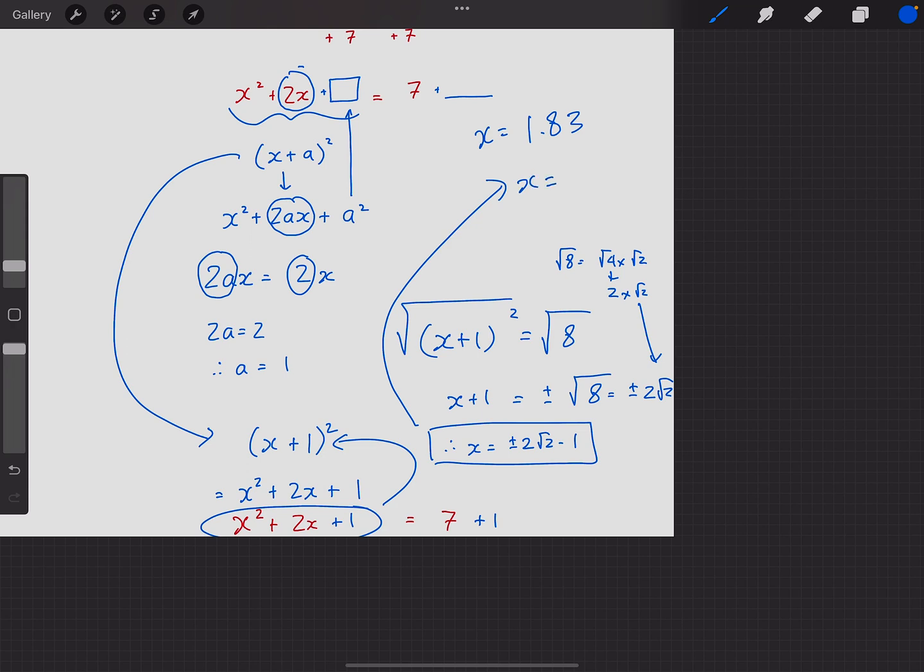The next one, if I do negative 2 root 2, and I do minus 1, whoops, that's not right. Negative 2 root 2 minus 1, and I'll get negative 3.83. And there's your 2 solutions.